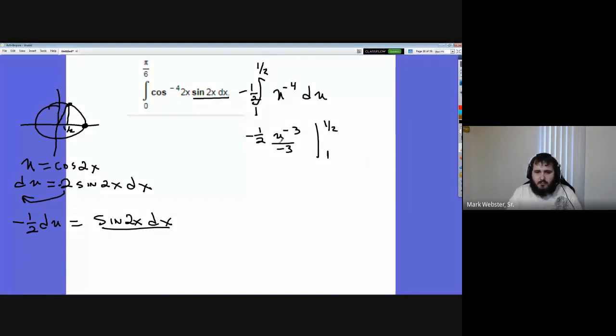So let's make this nice and neat first. The negative 1/2 and the negative 1/3 conspire to make a 1/6. u to negative 3 from 1 to 1/2. So now let's take care of this. I'm going to plug in 1/2.